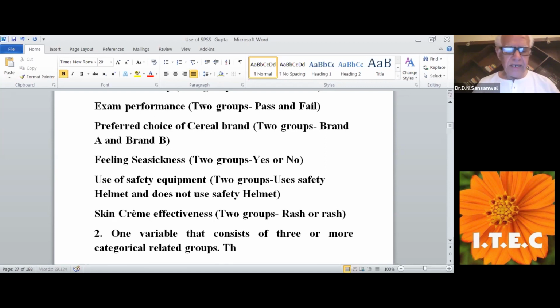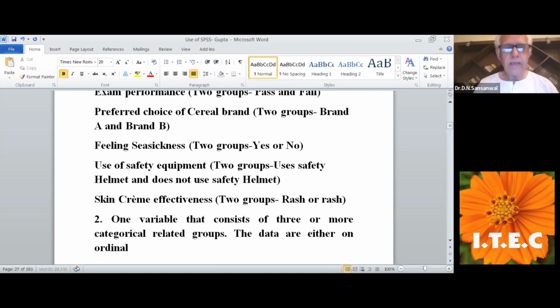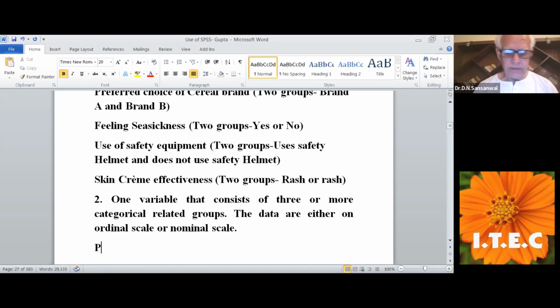So when I say the related groups, it is the same subjects. And the data are either on ordinal scale or nominal scale. Because if you have that data on the ordinal scale, you can convert it into the nominal scale. So the ordinal scale data are something like this.